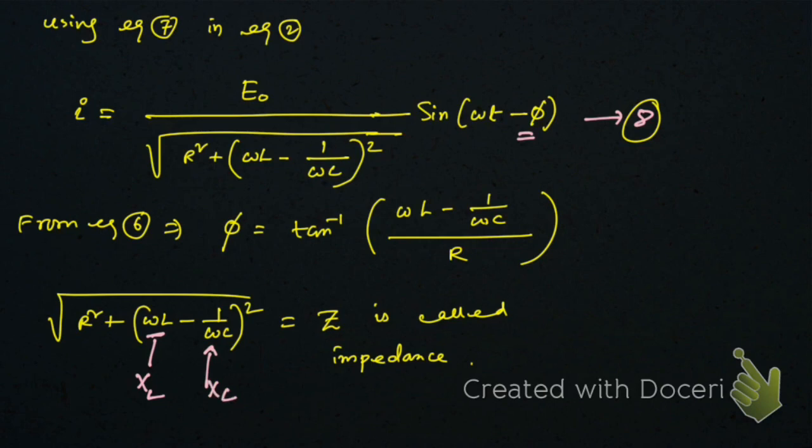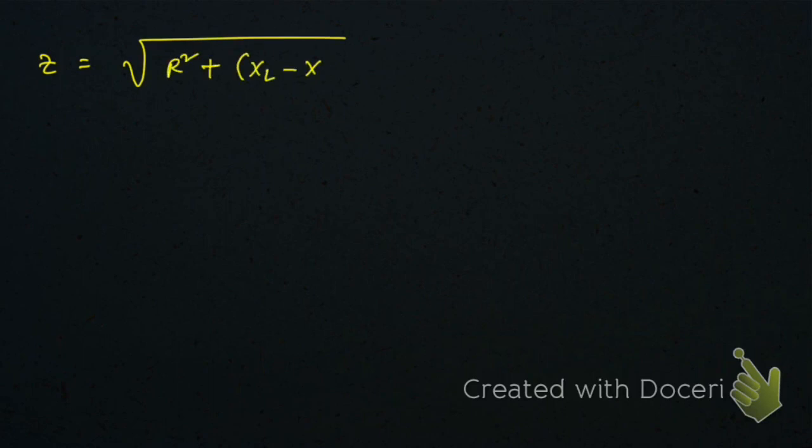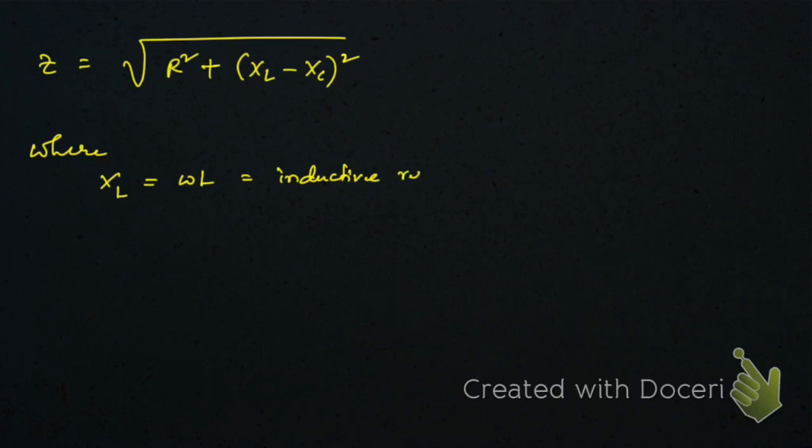So we can write on the other side that impedance Z is equal to root over R square plus (XL minus XC) whole square, where XL is equal to omega L, which is inductive reactance, and XC is 1 by omega C, which is capacitive reactance.